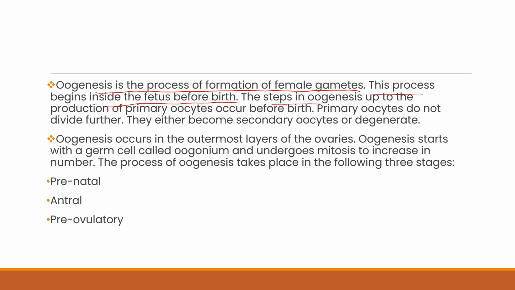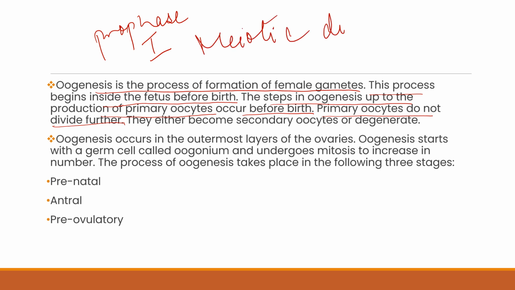The steps in oogenesis up to the production of primary oocyte occur before birth, and the primary oocytes do not divide further. They stay in an arrested state, arrested in the prophase 1 of meiotic division.